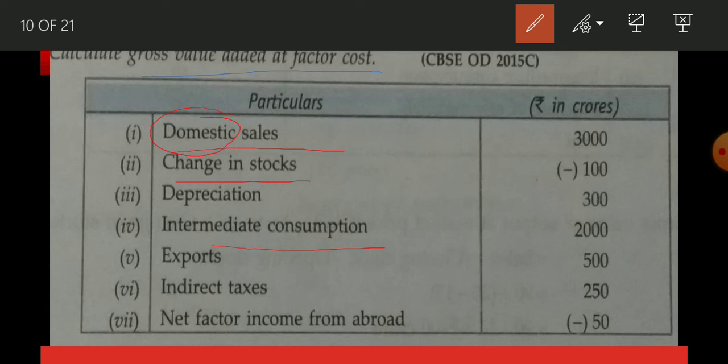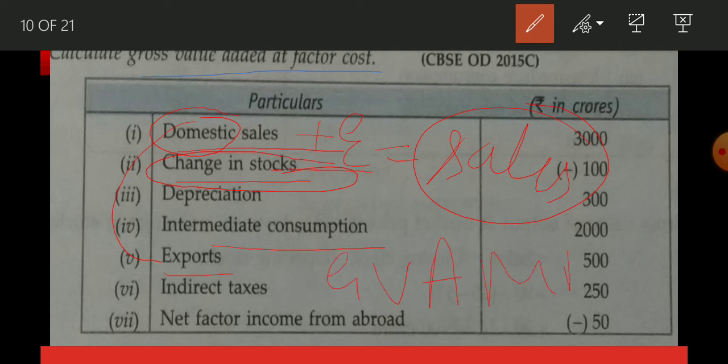So domestic sales plus export is equal to sales. So we have to add export here also. Okay, so when we add domestic sales plus export, we get the value of sales, and then we add the value of change in stock. In this way we get the value of output, and after that we will subtract intermediate consumption, and in this way we are able to get GVA MP.